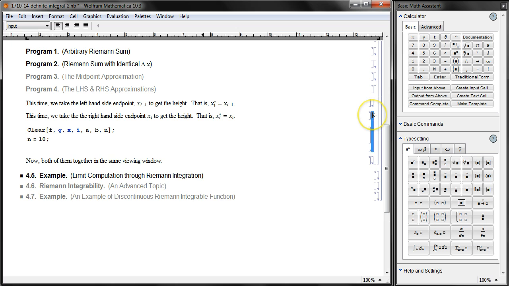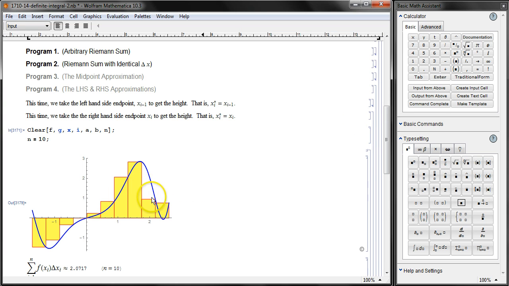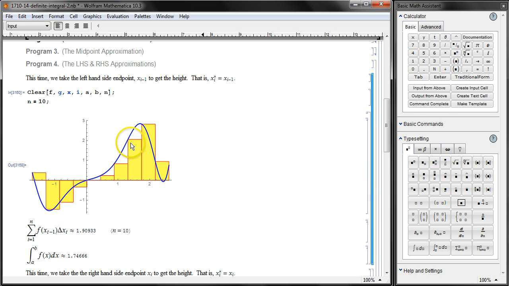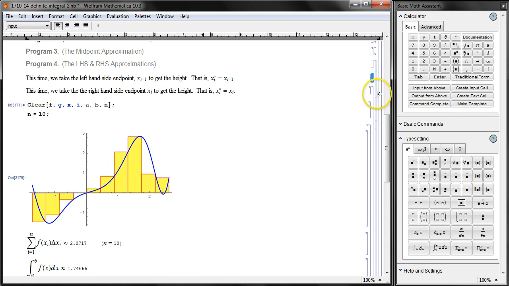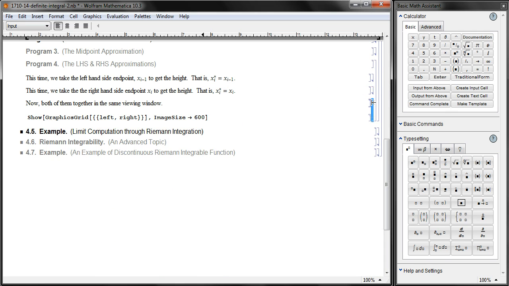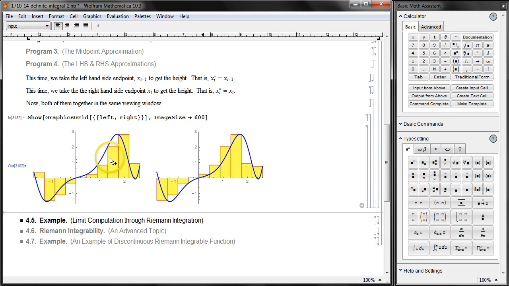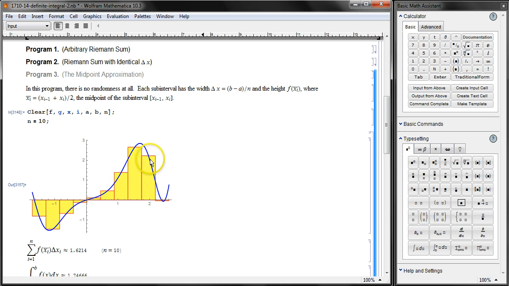Here is the right-hand side approximation. The right-hand side corner point hits the curve. Left-hand side corner points versus right-hand side corner points. Both of them put together. Left-hand side, right-hand side. Oh, by the way, this is midpoint, hitting the midpoint, as you can see.